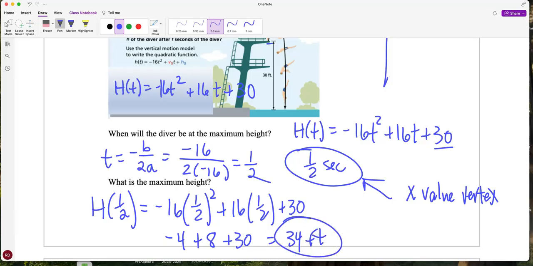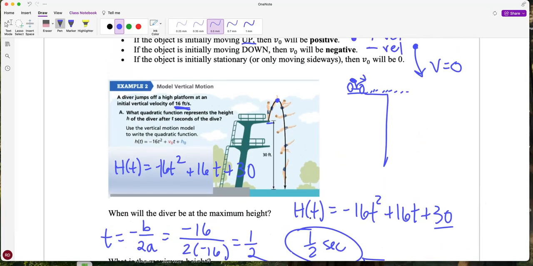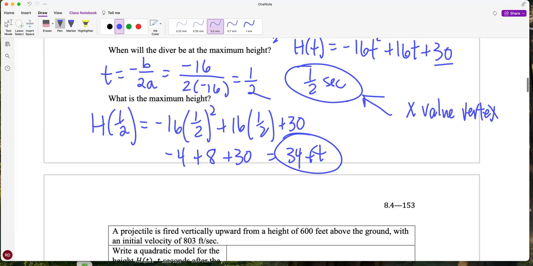So that is the maximum height. Obviously I started at 30 feet, so I know that my maximum height has to be a number higher than 30. So at 1/2 second, I am at 34 feet. Okay.